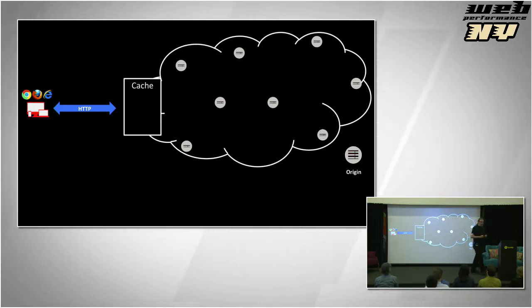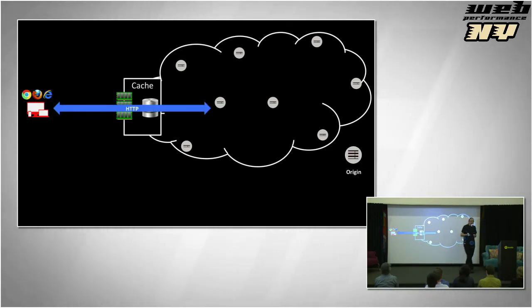There's a huge difference between serving that content from the memory of that cache versus the disk of that cache versus a cache deep in the network. That object can actually be served back to you from any of these components. And there's a huge performance difference between how far towards the edge the content is actually coming from.